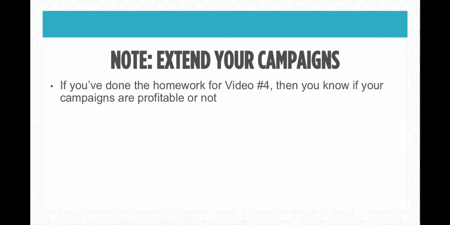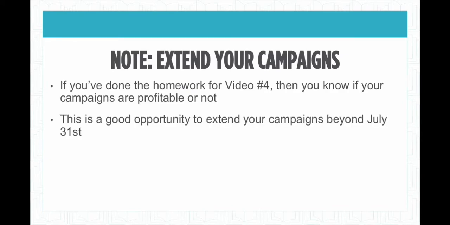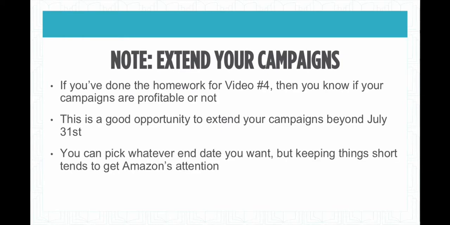Just a quick note, if you've done the homework for video 4, then you know if your campaigns are profitable or not. It is a good opportunity to go find that select all button in the top left-hand corner of your campaigns and say, I want to extend the end date, and extend that to the middle of August or the end of August, if you are watching this in July.